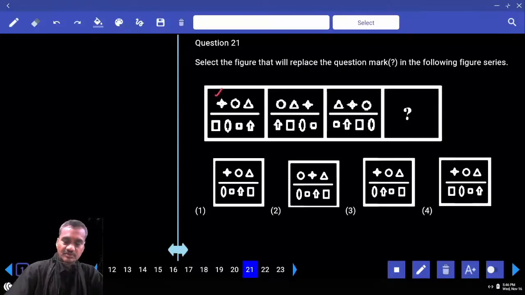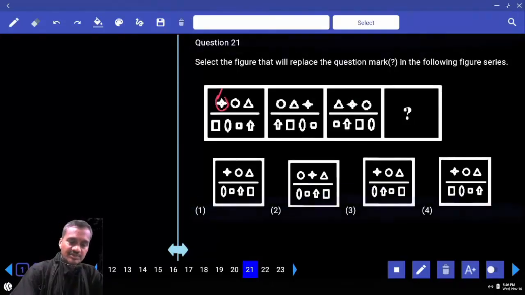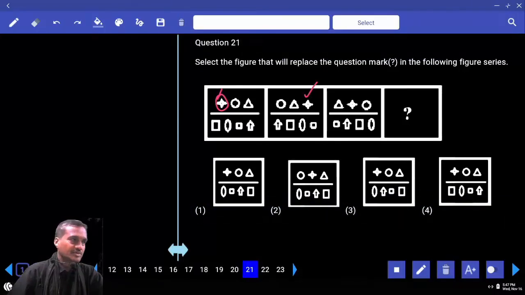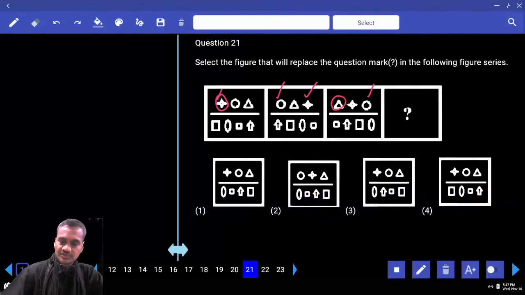Star shifted to the corner, again coming to the center, and again going to the corner. I am talking about the position of the first element. Whatever the element, it is going to the third place. Here this first element should go to the third place. Isn't it? What is the first element?